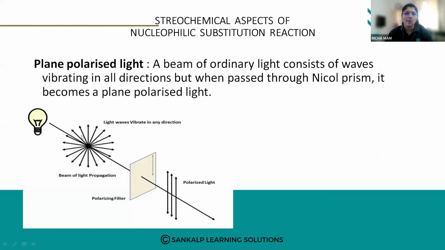Whenever a beam of ordinary light is passed, it vibrates in all directions. There is a prism called a nickel prism. When you pass the ordinary light through this nickel prism, it vibrates in the same direction, in a straight direction like this.